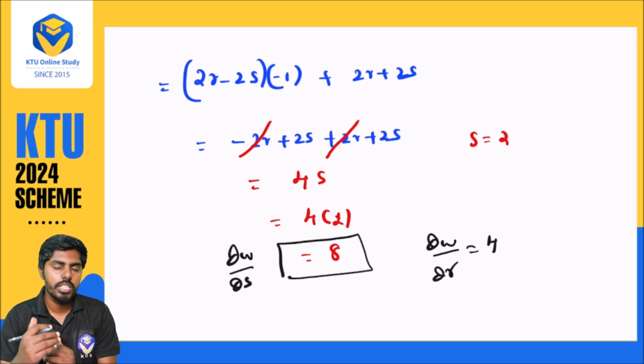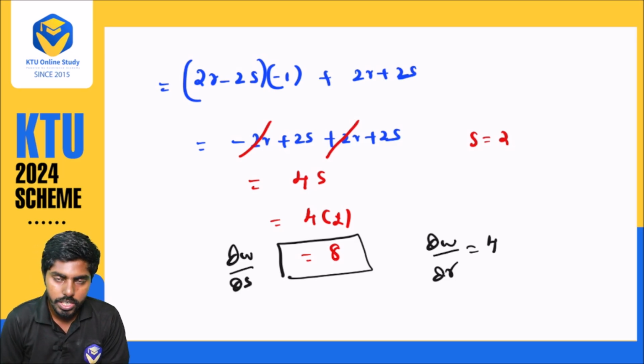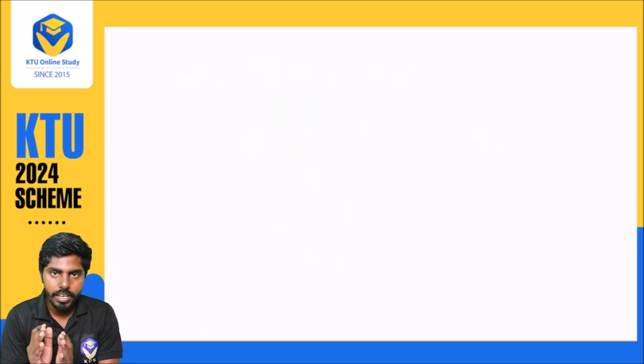So this is the way the chain rule formula will be working. The thing is, you want to identify the chain.